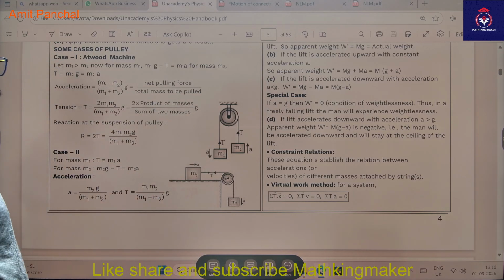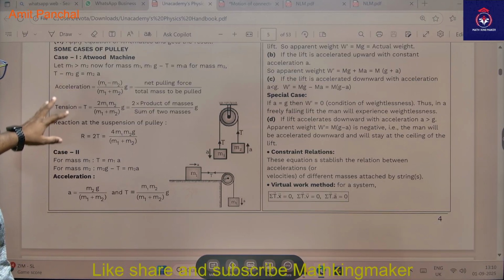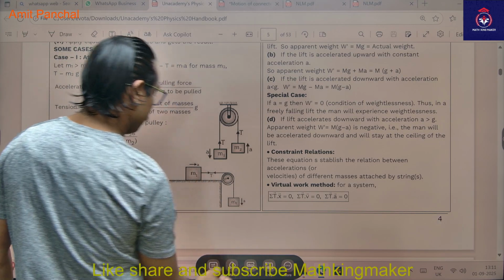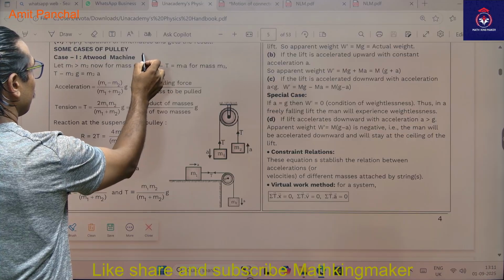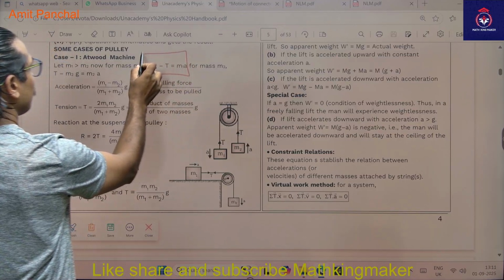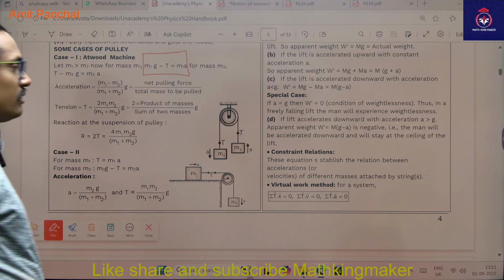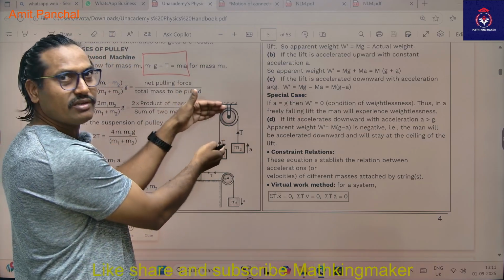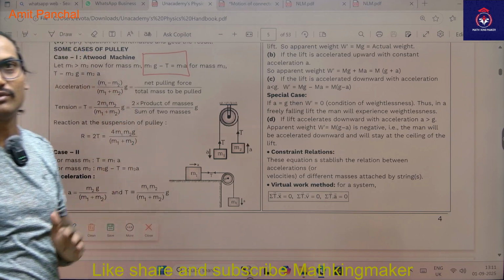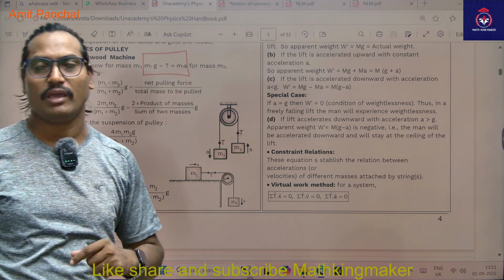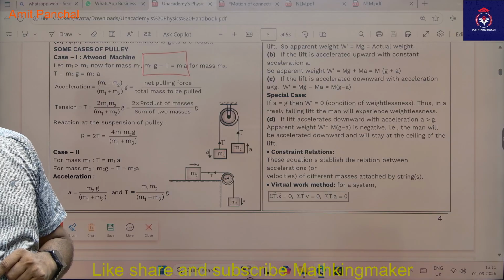For the M1 mass, M1G minus T will be equal to M1A, isn't it? Because M1G is more than tension. So the resultant of these two will give you another force, that is a force of motion, that is M1A. Got it? But what's the difference between M1G and M1A?